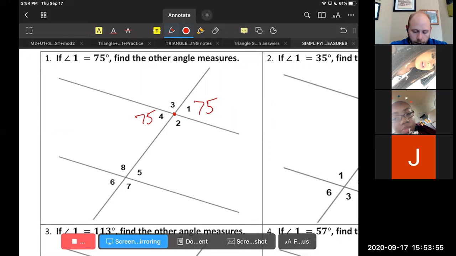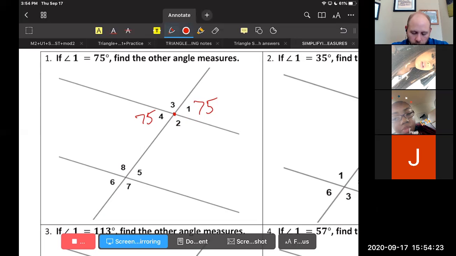Okay. And now think corresponding. Which angles would be corresponding with 1 and 4 down in the other intersection, 5, 6, 7, and 8? Which ones would be corresponding with 1 and 4? Maybe just 1.